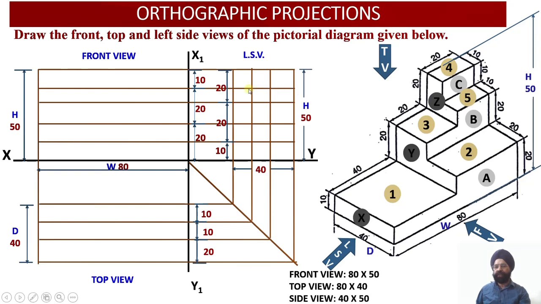These will be transferred as horizontal lines, whereas the dimensions along the top view, that is along the depth, will be transferred towards the left side view vertically.